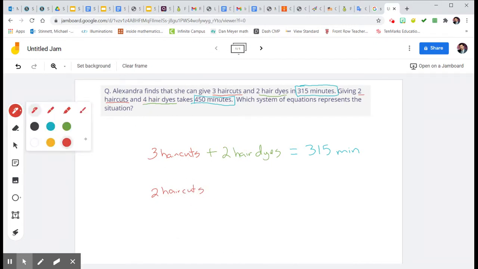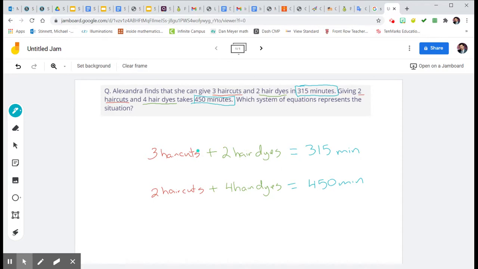Plus 4 hair dyes, okay, 4 hair dyes in 450 minutes. So notice these are different, right? This is 3 haircuts, this is only 2, this is 2 hair dyes, this is 4. So it went up, right? And it takes her 450 minutes to do this combination of things, all right?